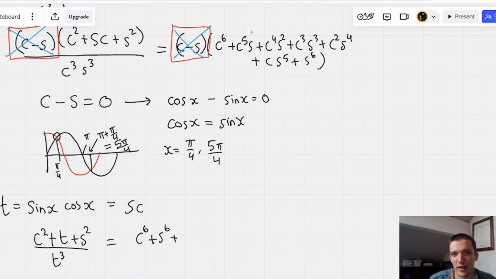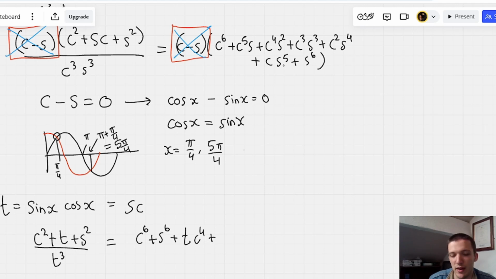Then I'm going to get c^5 times s. Well, that is equal to c^4 times t, right? Because t is cs or sc. And so I'm going to get plus t times c^4, plus, same thing here with the s^4 term, here with the s^5 term, that's cs.